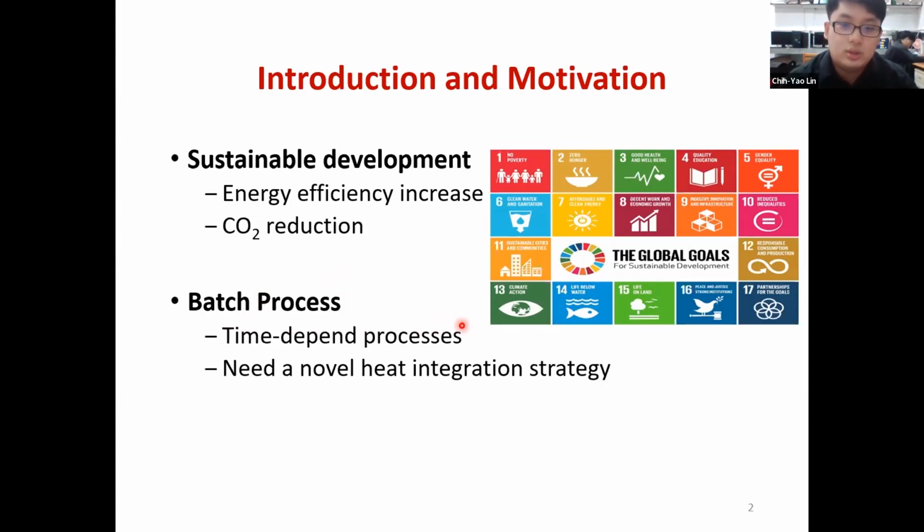It costs due to the intrinsic time constraints, and the batch process in general is more energy intensive than continuous systems, but still increased energy cost and enhanced focus on emission reduction in recent years have changed this attitude among engineers and researchers. So we need novel heat integration strategies.